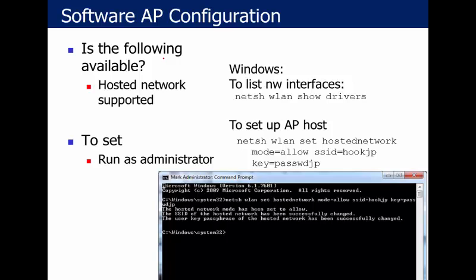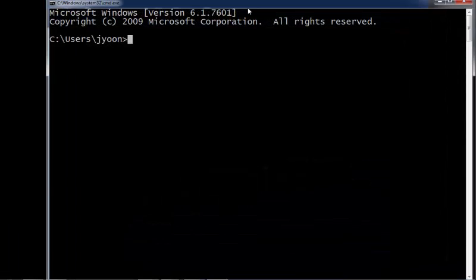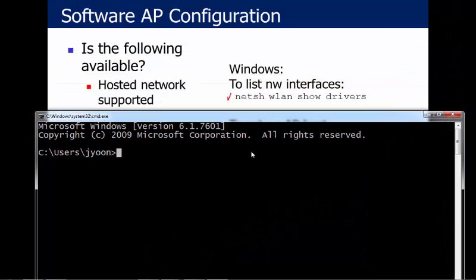You need to first take a look at network interface availability by typing a Windows command, netsh. It is a very famous command. In the Windows command prompt, you can simply type netsh wlan show drivers.